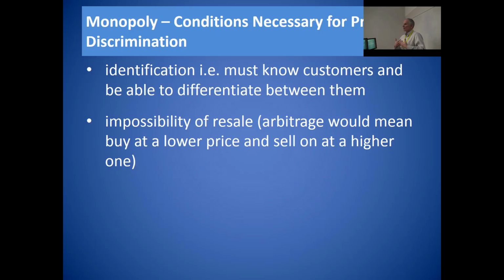Those customers who can buy the output at a lower price will do so, and then, if the monopolist cannot prevent resale, they will just resell it to the high demand customer for a price that undercuts the monopolist. So if the prevention of resale isn't possible, price discrimination isn't possible. So for any type of price discrimination, you've got to be able to identify your customers, but also prevent the possibility of resale.